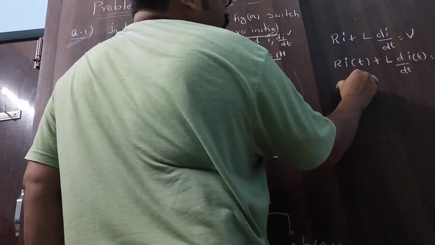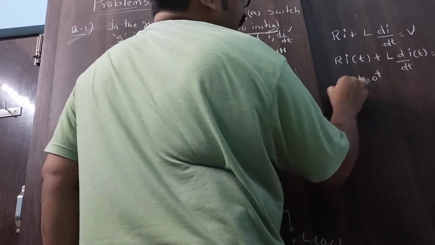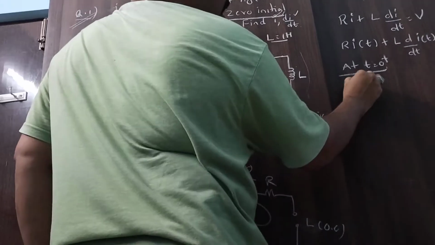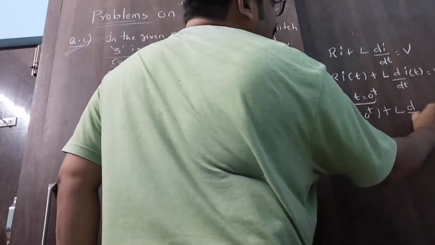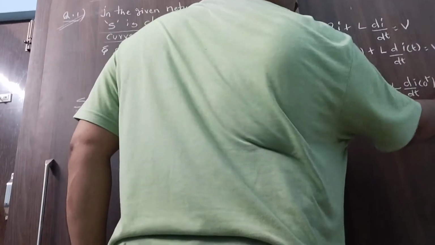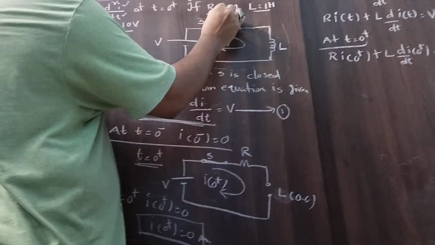At t is equal to 0 plus, we write the equation: R into I of 0 plus, plus L into d by dt of I of 0 plus, is equal to V. What is R? R is 10 ohms.